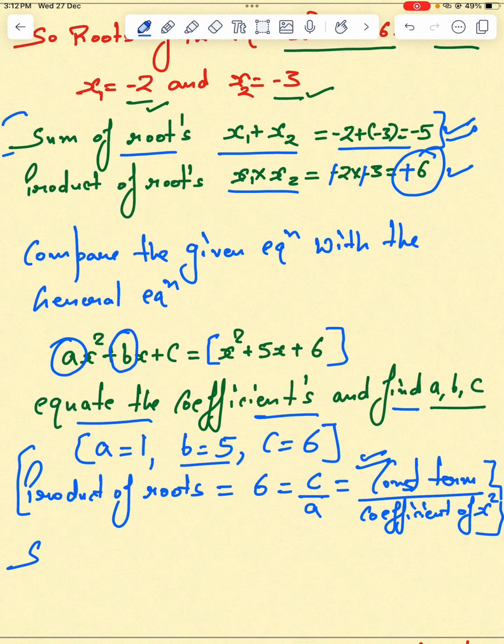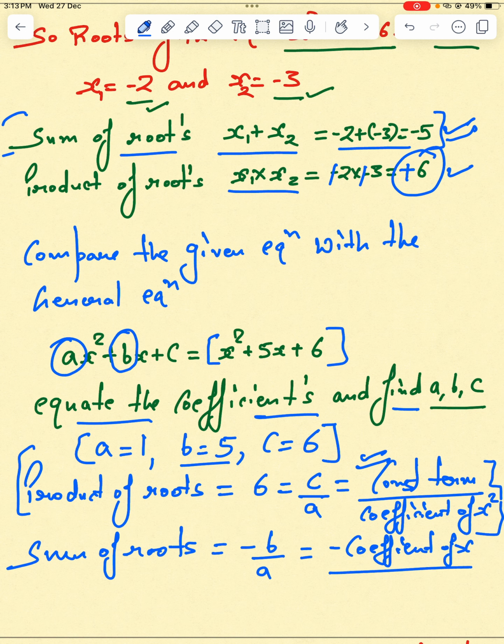Similarly, if the sum of the roots is being asked in the question, it is equal to minus b upon a, which is minus coefficient of x divided by coefficient of x square. So this is the way you can solve your MCQs, right?